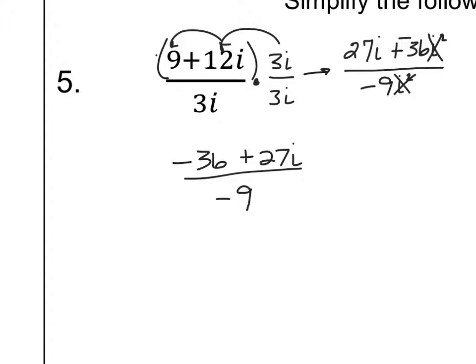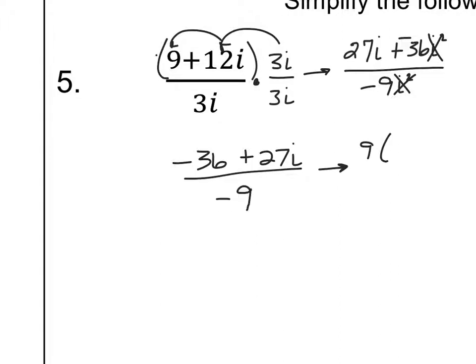Okay, now, once I've gotten that far, I have to check to see if I can factor this out. And I will tell you, you won't have a lot of these where you have to factor them out. But you'll notice that a number goes into 27 and 36, and that's 9.